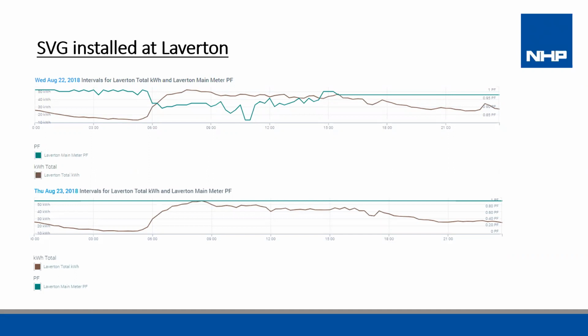A capacitor-based PFC system could also have been installed at this particular site, but after discussions, it was determined that it was far more effective to use an SVG, as it would require less overall maintenance through its life cycle, and there was no need to use capacitors and constantly replace them.